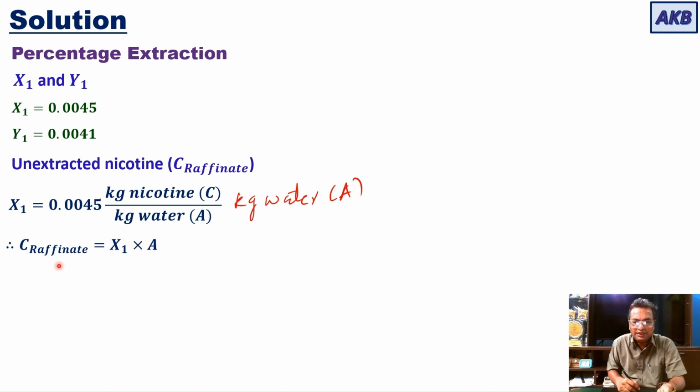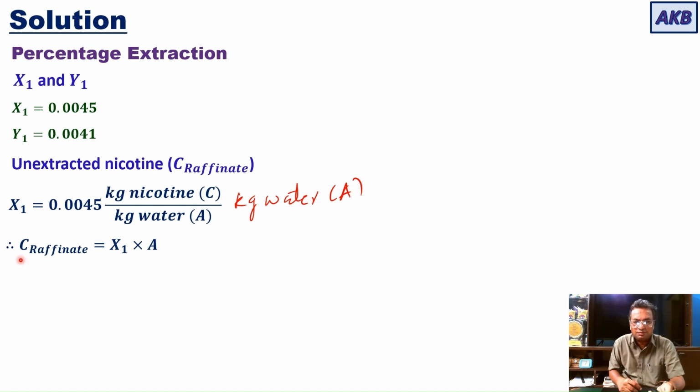So in the given kgs of A, what will be the amount of nicotine?